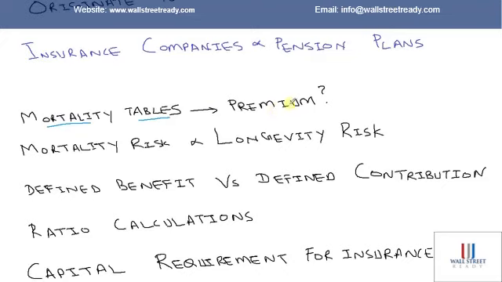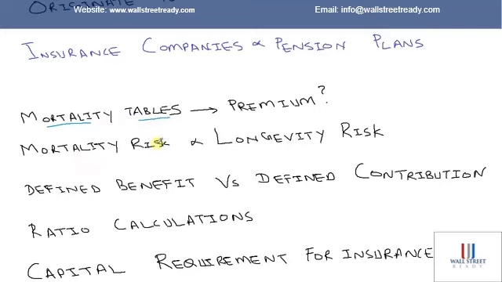Based on mortality tables, we can calculate the premium for a life insurance or for other types of insurance products as well. And if you don't understand mortality tables properly, it might be a bit difficult to attempt any questions on insurance premiums, etc. So that's a section. It's not that difficult, but it's important to understand that properly.